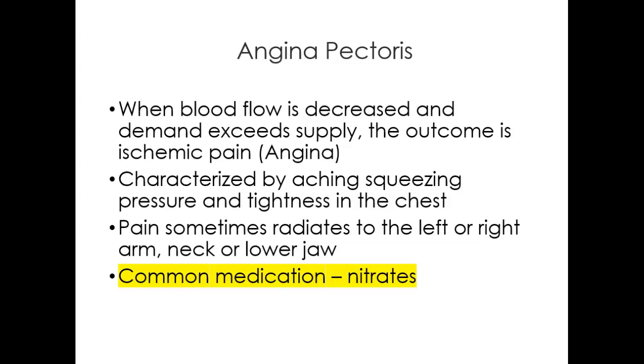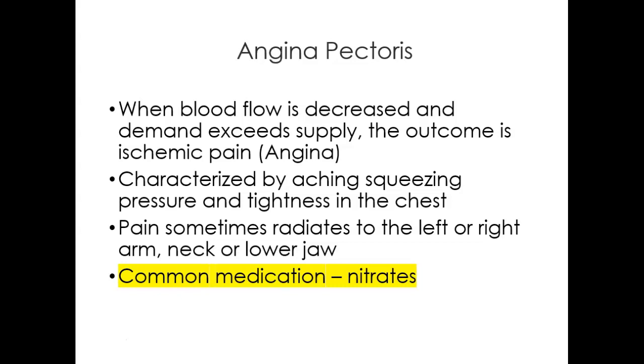So angina pectoris is a condition when blood flow is decreased and the demand for the oxygenated blood flow is increased, and the outcome is this ischemic pain that they call angina, and it can feel very much like a heart attack.